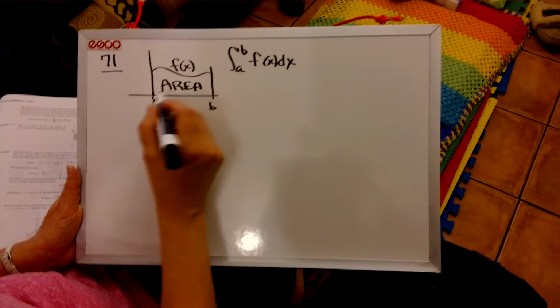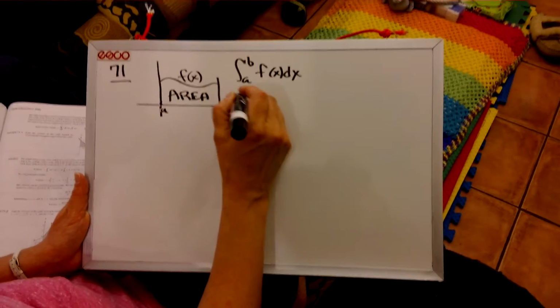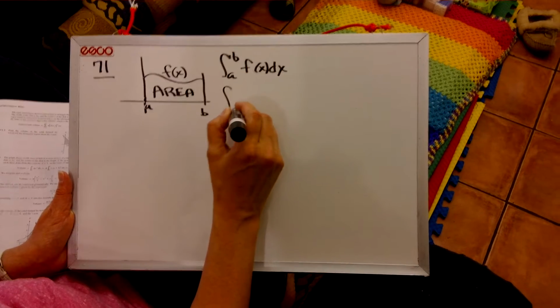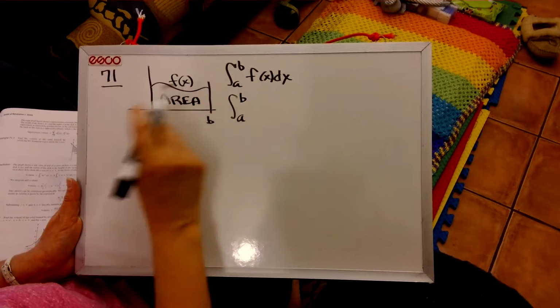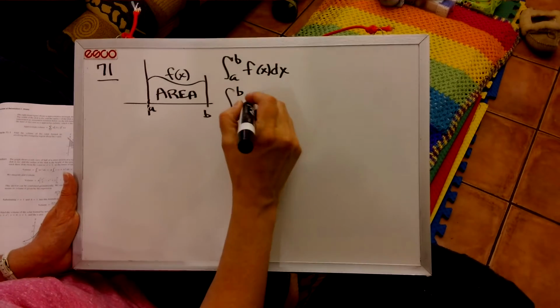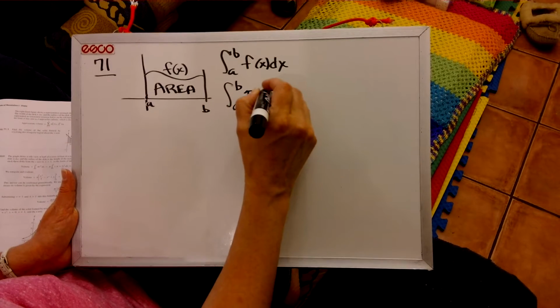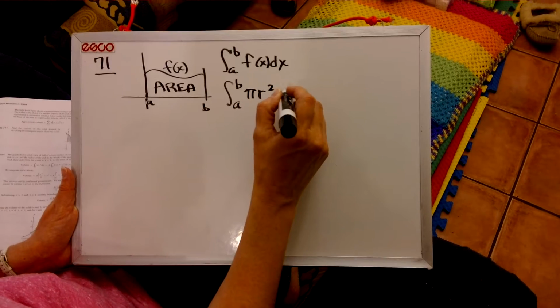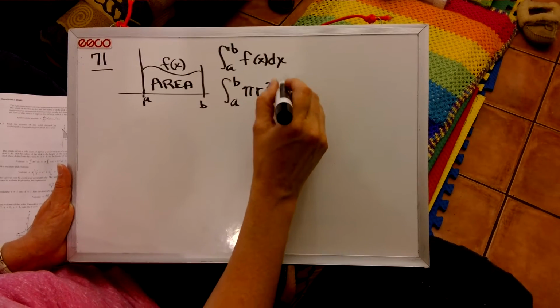And so for that, we're going to take the integral from a to b of the area of the circle, which is pi r squared dx.